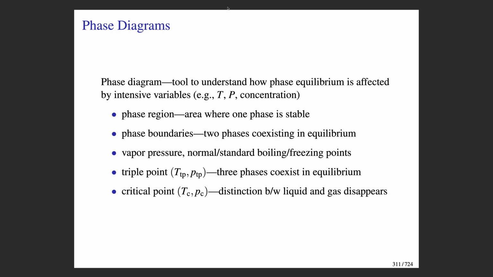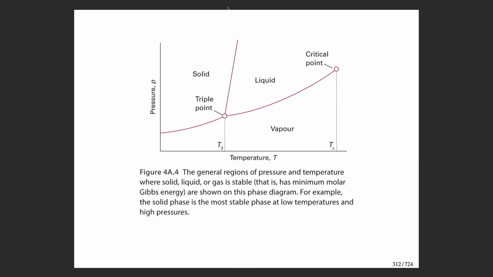Okay, so let's just look at one here. You've seen this before probably in general chemistry. We've got, in this graph, we're plotting pressure values versus temperature values. And the different regions that you see here indicate which phase is most stable under those conditions.